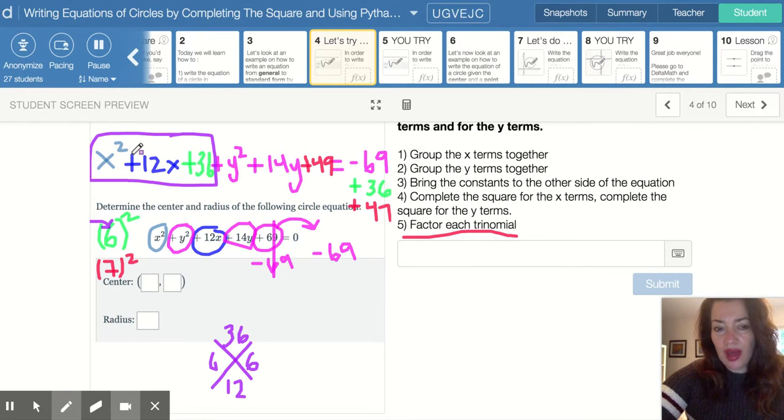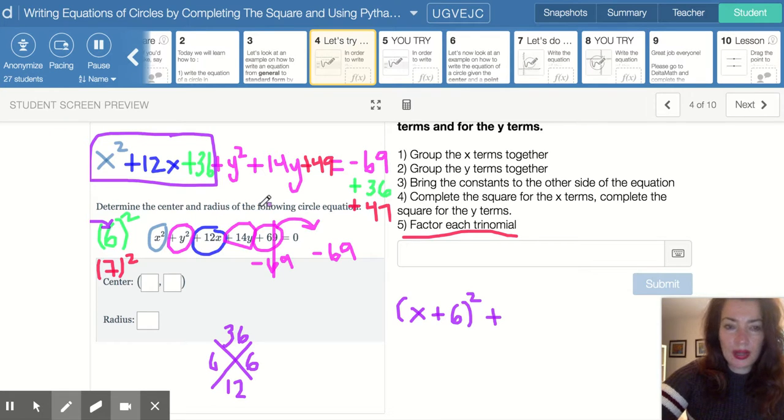So when we factor the first trinomial, we're going to end up with x plus 6 squared. Now we're going to do the same thing and factor our y terms. We have a trinomial here.